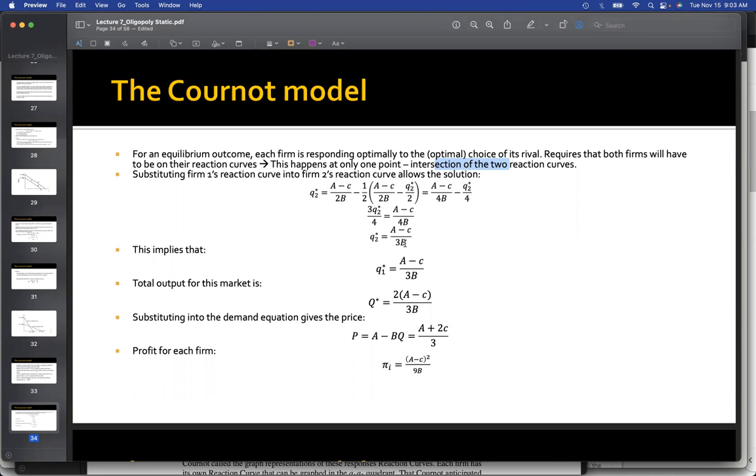Now, if you produce more, what happens to the price? You can just use your mic instead of typing. There are only two options, either it goes up or down. You have a 50-50 shot. Sir, I think the price goes down since the quantity is higher. In the demand function, price and quantity are negatively related. If quantity is higher, the price is lower. And if the price is lower, what can you say about consumer surplus? Since quantity is higher and price is lower, consumer surplus is bigger. Exactly. It's closer to the competitive outcome.